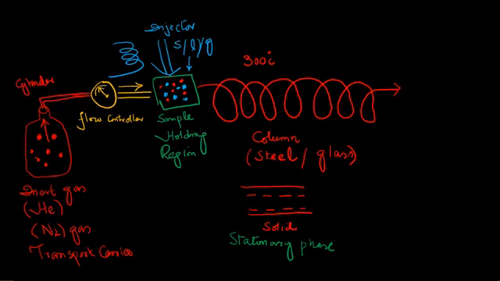So the role of the stationary phase material is very important. Usually the stationary phase material used in gas chromatography is a silicon grease based liquid, and these materials have a high melting point.